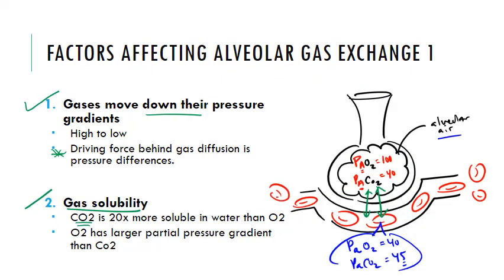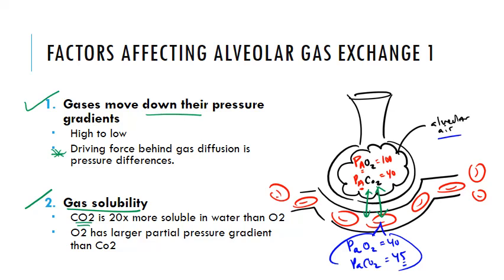So there are 5 factors that influence gas movement through the alveoli, through the tissue, and then into the blood. So let's begin at ground zero. Let's begin with an alveolus, and here we have a pulmonary capillary.